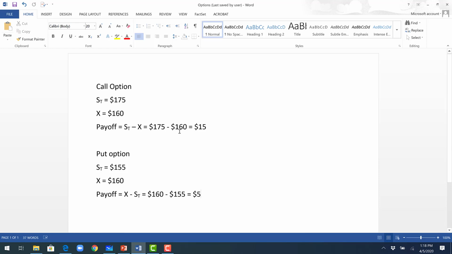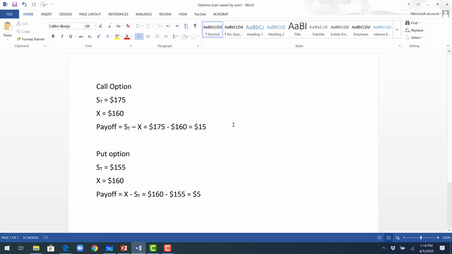Okay, now buyer pays the premium, right? Buyer pays the premium to buy the option. Who does the premium go to? The premium goes to the writer or seller. So writer actually collects the premium. That is why the writer is actually doing this, for the premium.